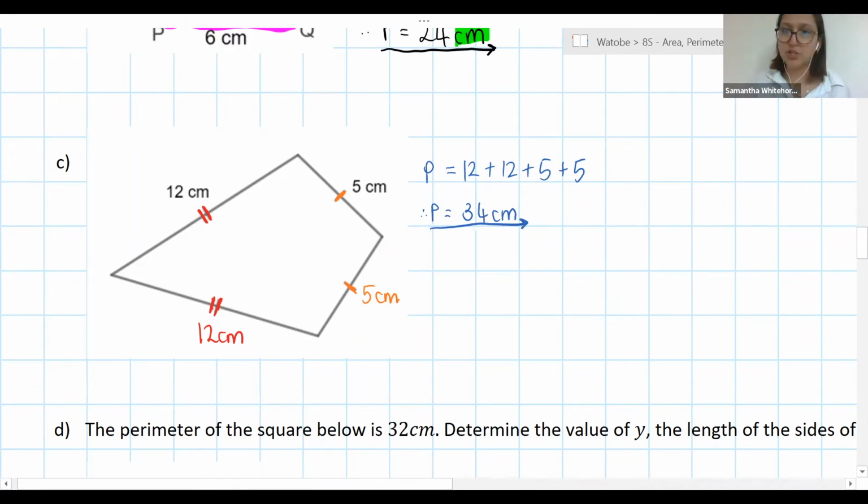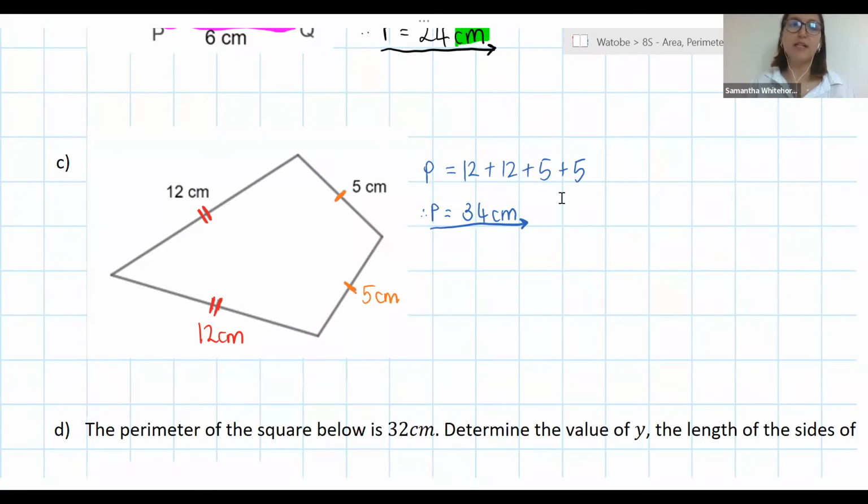Out of interest, you can just put it in the chat, you don't have to raise your hand. What sort of shape is the shape in question C? What sort of quad? Excellent, guys. It's a kite. Well done.